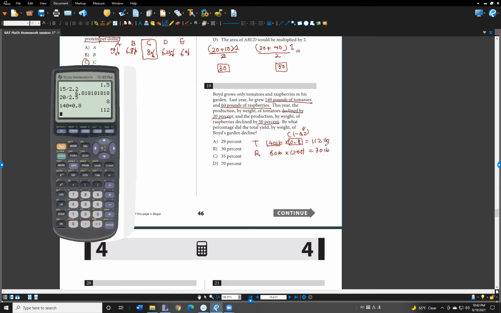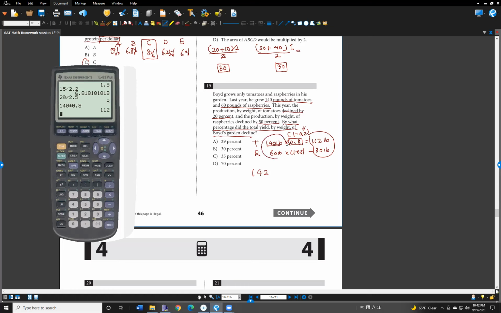Okay, that's the question solved here. We have to focus on what is being asked. What percent the total declines? This total declined how much? 142 is declined. No, that is not decline, right? This is not decline. Decline is what?